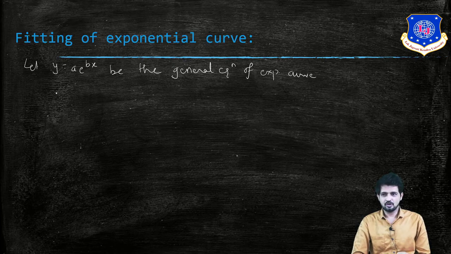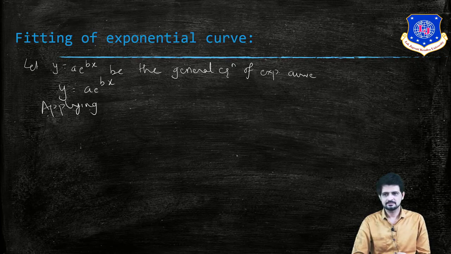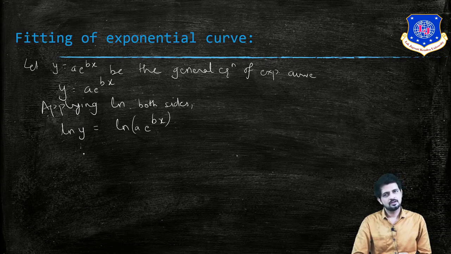Now to find the normal equations we have to remember some steps. In this equation we have to apply ln, that is natural log, on both the sides. What will we get? It will be ln y is equal to ln of a into e raised to bx. What is our next step?